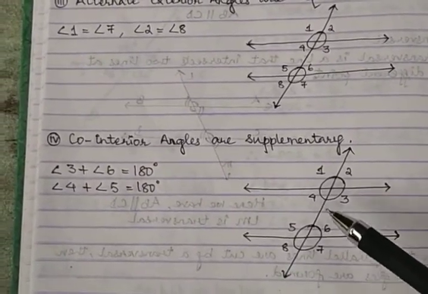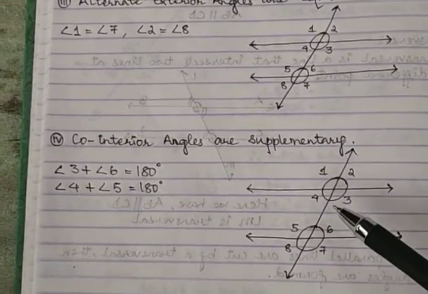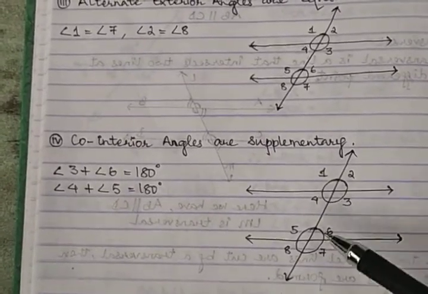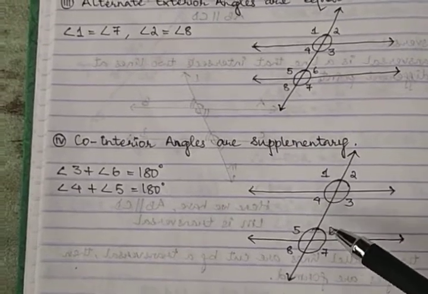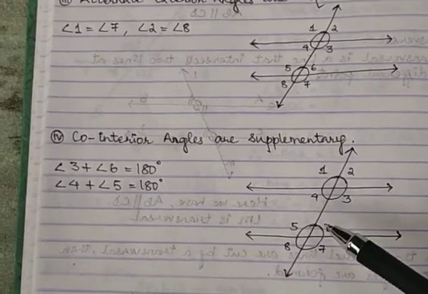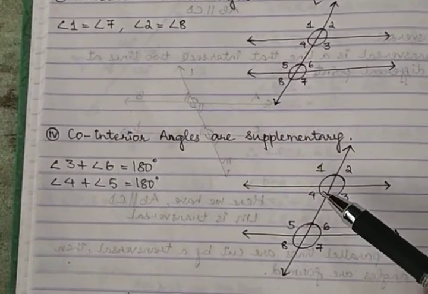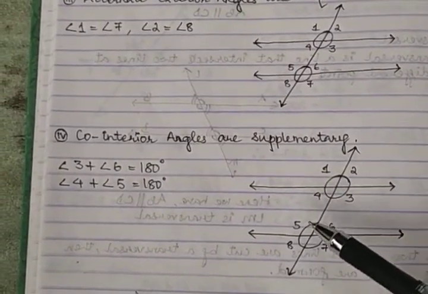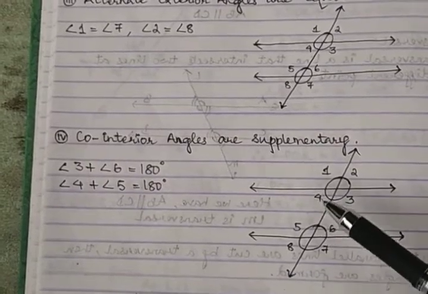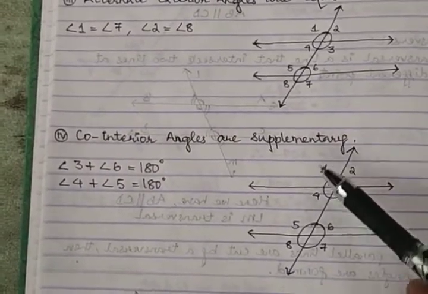Now co-interior means, as we have already gone with the alternate interior angles, co-interior angle means the angles on the same side, like say 4 and 5. So 4 and 5 are supplementary. So supplementary means what?